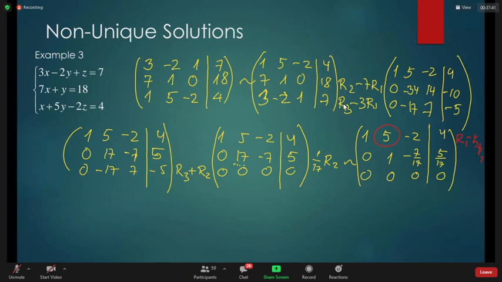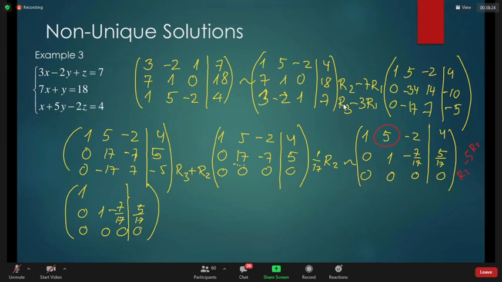I will write it row 1 minus 5 row 2, and of course it goes into row 1 as always. And so we have the last row 0, 0, 0, 0, the second row 0, 1, minus 7 over 17 and 5 over 17. And now the first row, 1 minus 0 is 1.